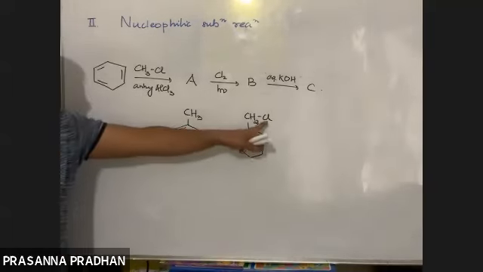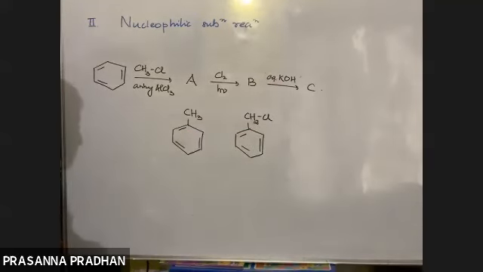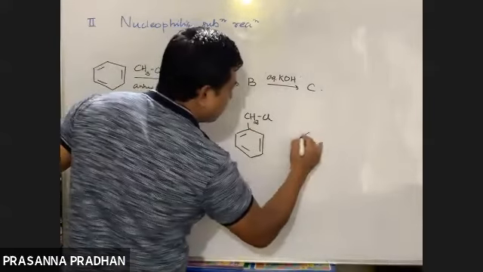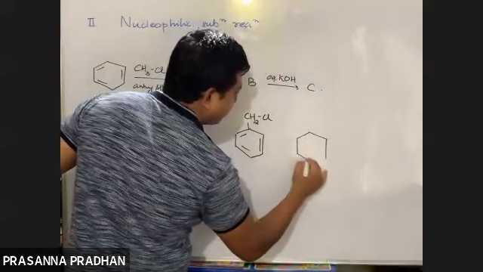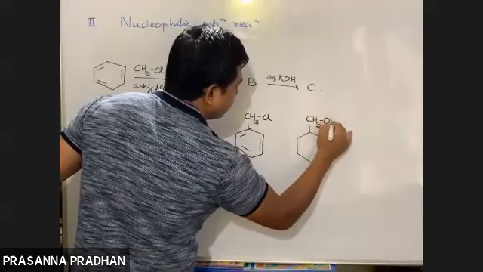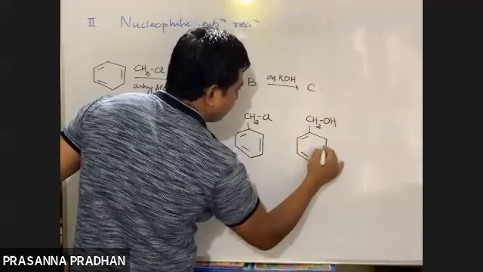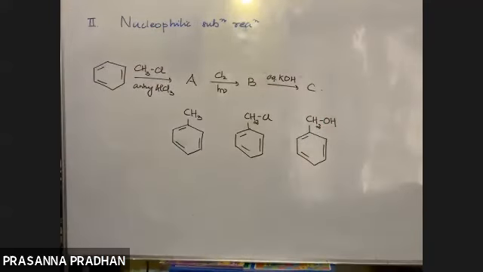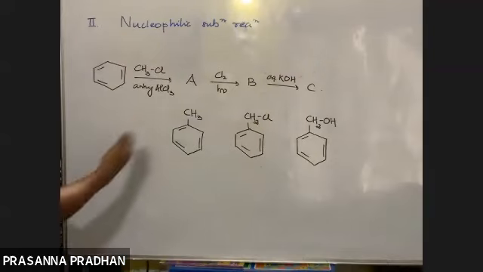So we have a halide out here. We are treating this with aqueous KOH. So obviously, what will happen? The chlorine will get substituted by OH. So we have CH2OH. What is this? This is benzyl alcohol. So benzene to benzyl alcohol can be prepared in this way.